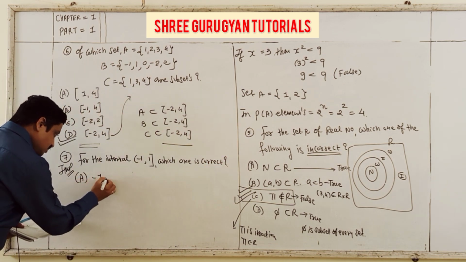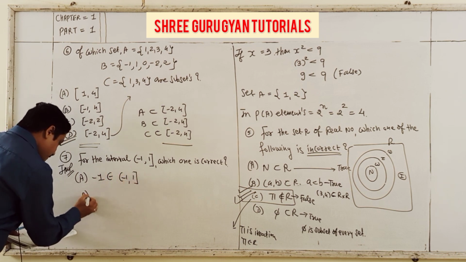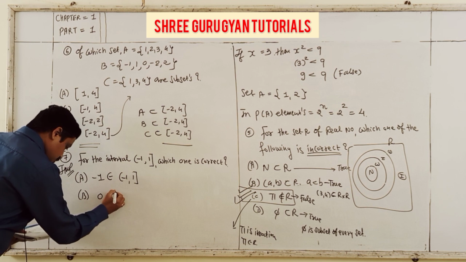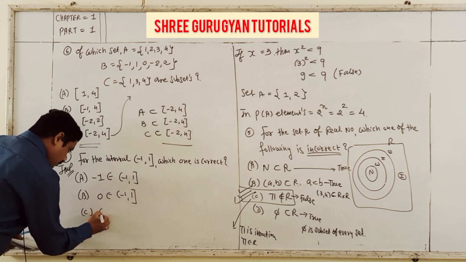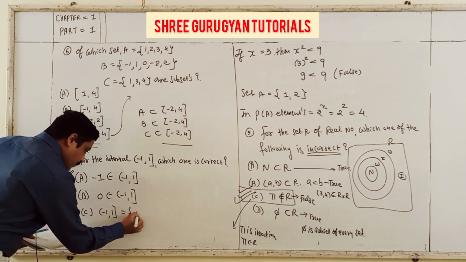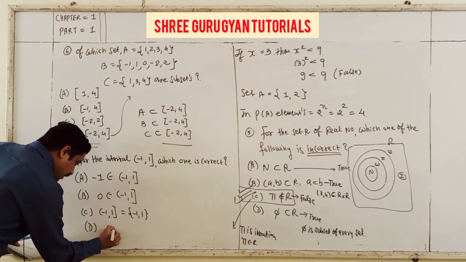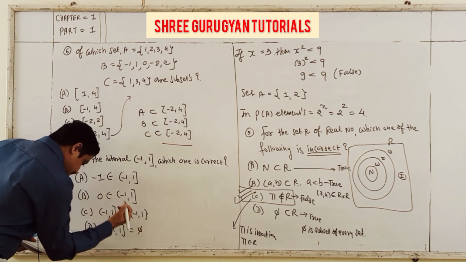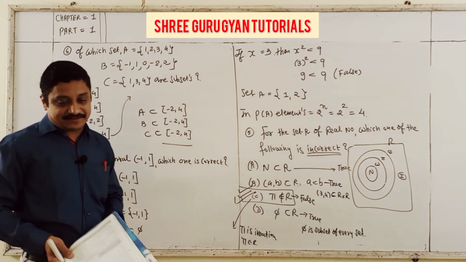My first option is A: -1 belongs to; second, 0 belongs to; third, -1 to 1 close bracket is equal to; and last, D, -1 to 1 close bracket is equal to null set. You define which is correct.